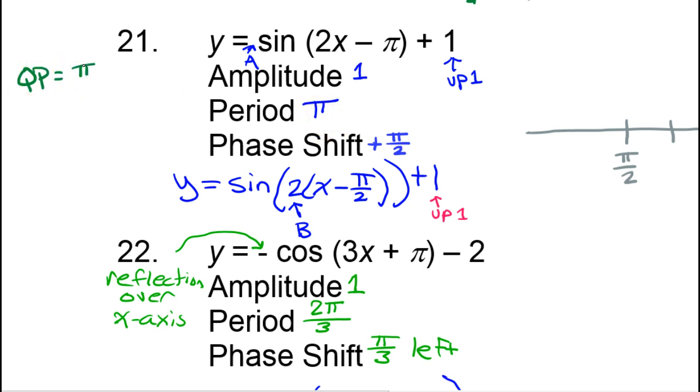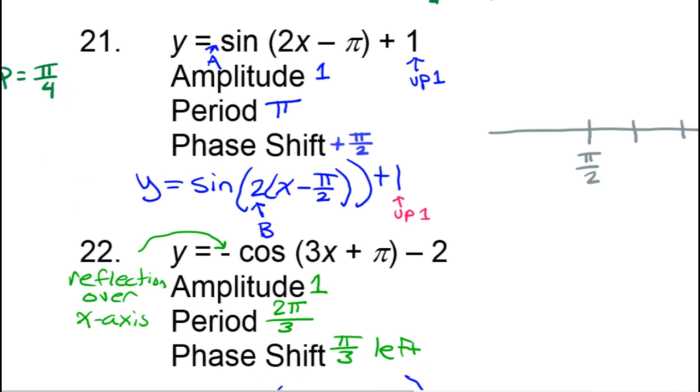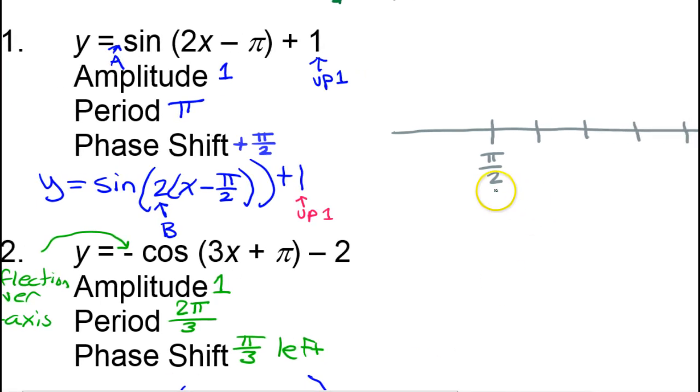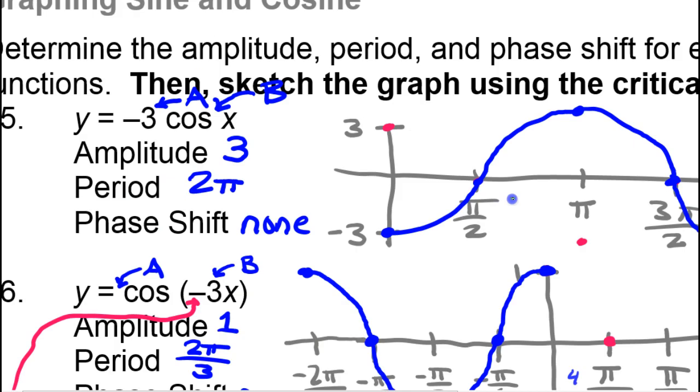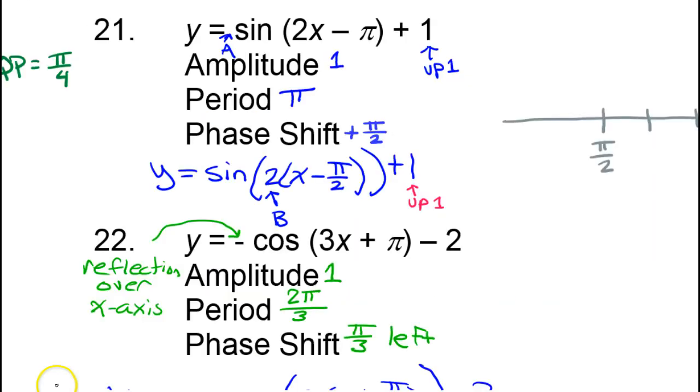So the quarter period is going to be pi over 4. That means to get from pi over 2 to the next value, I need to add a quarter of a period. So I need to add pi over 4.